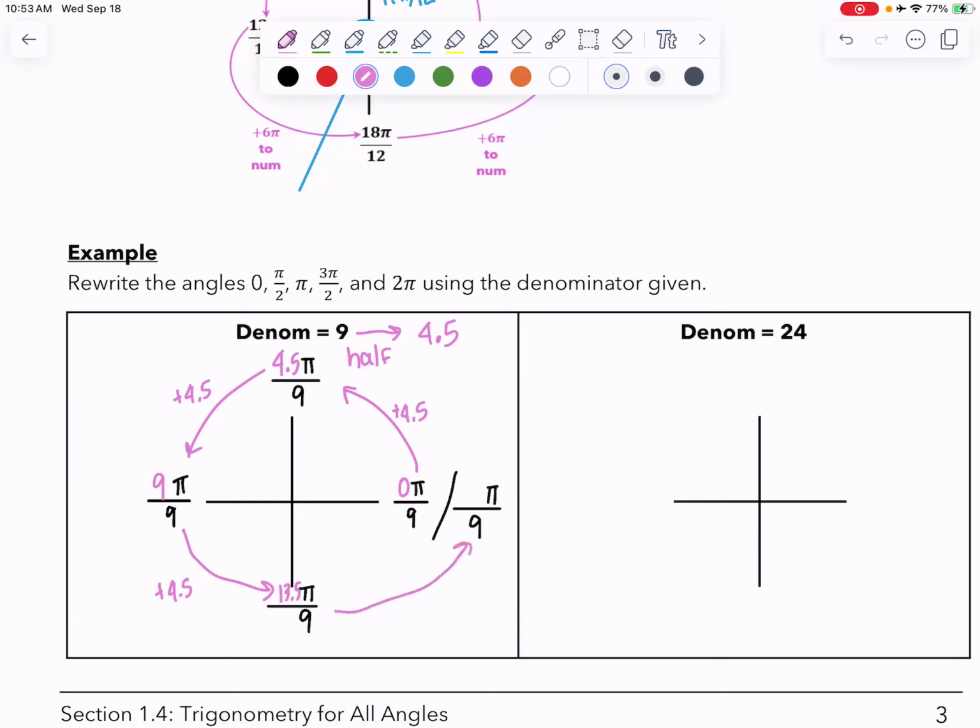Add it again, plus 4.5, now you're at 18 pi over 9. And here's the cool thing we can do now. If I said, hey, friend, where is 11 pi over 9? What quadrant? Draw it. We know it's going to be somewhere in here because 11 is between 9 and 13.5.